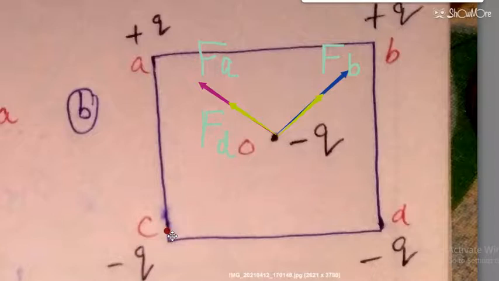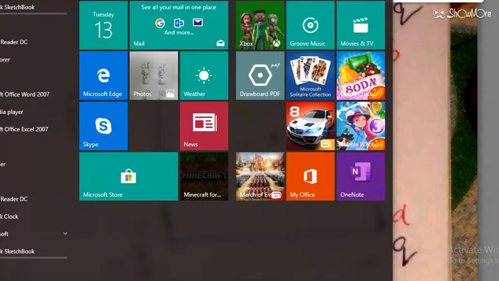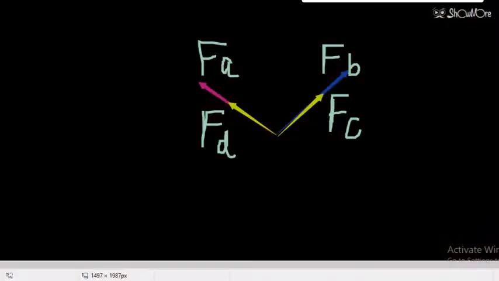Negative is repelling negative, so it will be FC. Now you can see on the black screen these are the forces. These two will be added, FA and FD, in this way. On this side FB and FC will be added.